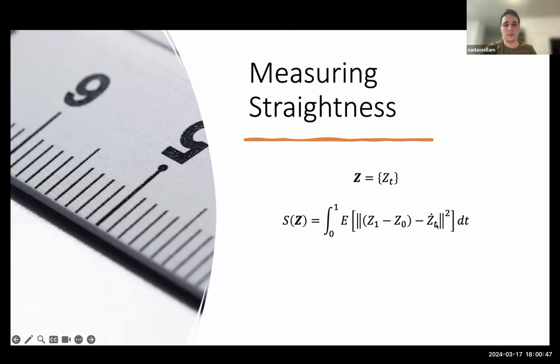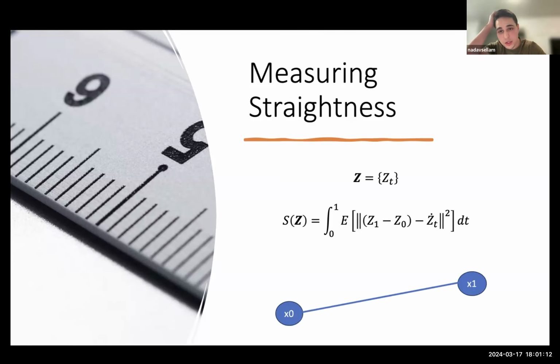Now, I know it can be a little daunting, so let's break it apart very simply. This expectation goes over all the pairs x0 and x1 that are in the transport plan. So we have the pairs, and Z1 minus Z0 just draws a straight line between them. Now we will take a look at what trajectory we have found between x0 and x1.